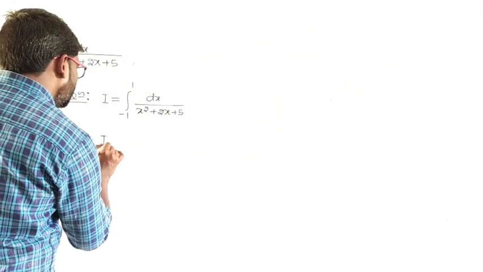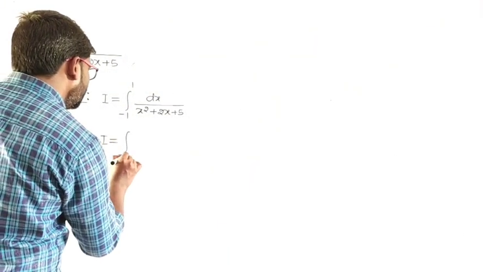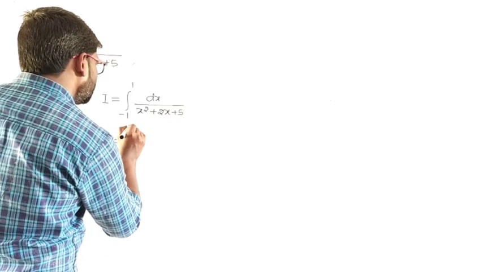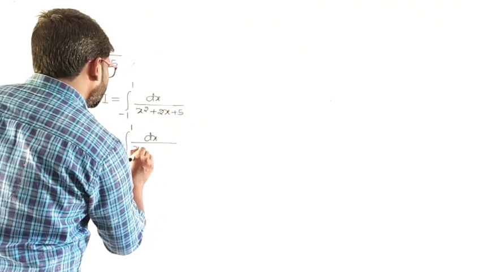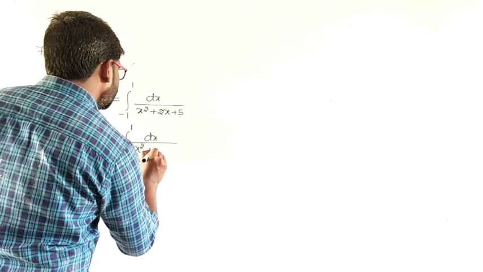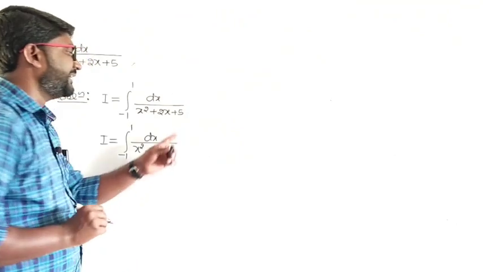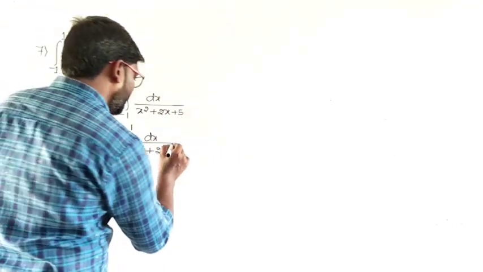So I, which is equal to integral minus 1 to plus 1 dx upon x square plus 2x. This 5 can be written as 1 plus 4.